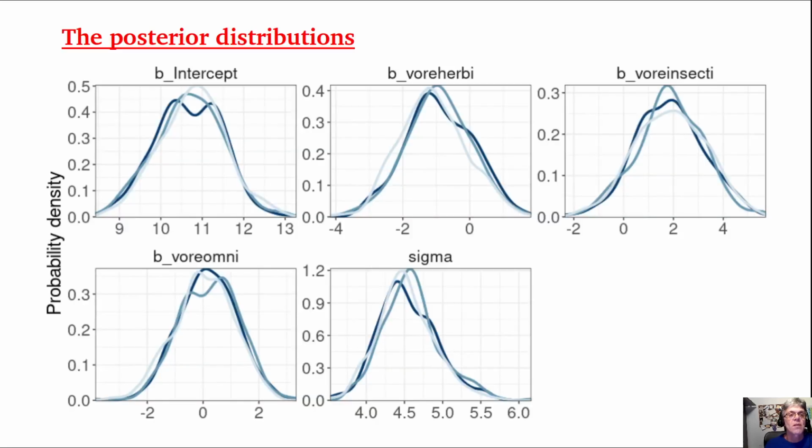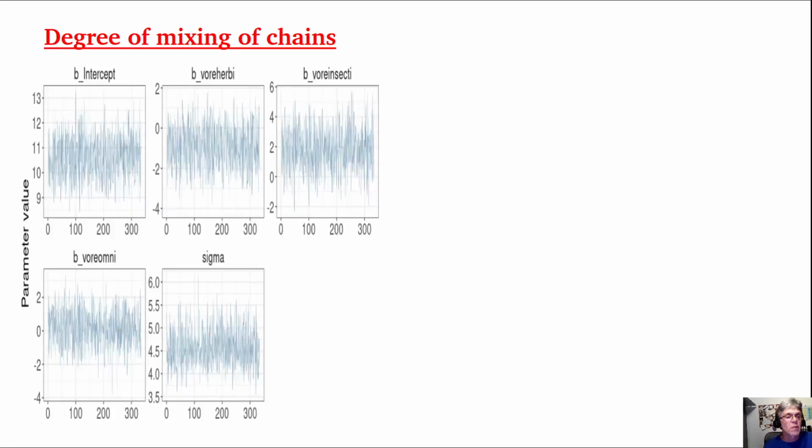So let's have a look at the marginal posterior distributions of all the parameters, and we see that the three chains appear to have converged to a common and stationary posterior distribution. The degree of mixing of the chains is excellent.